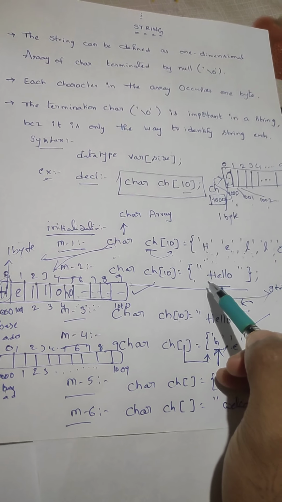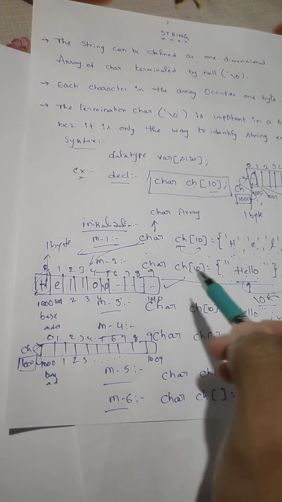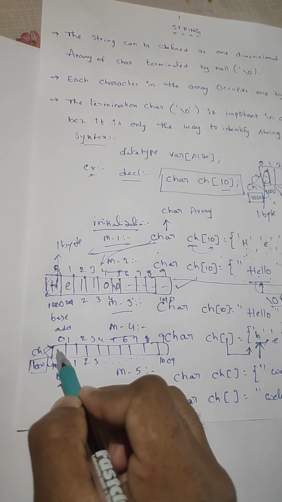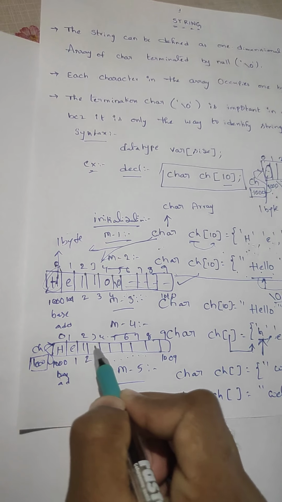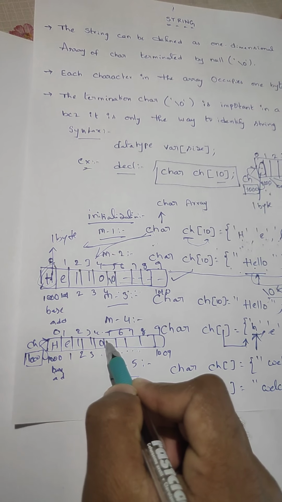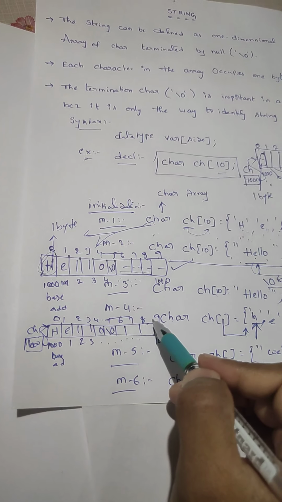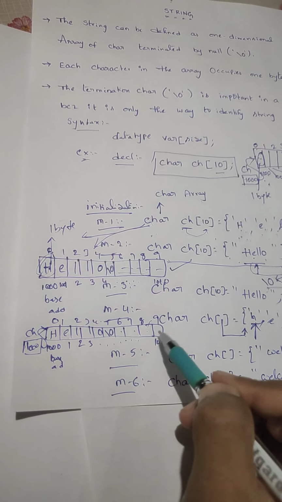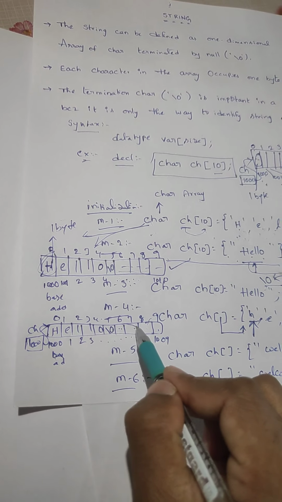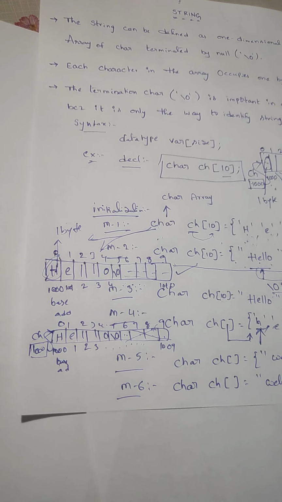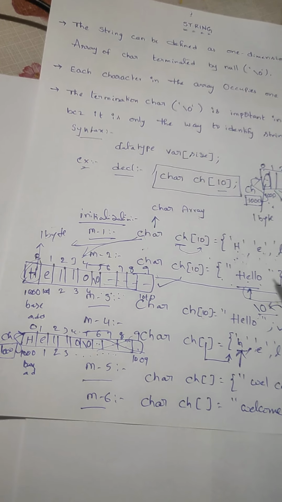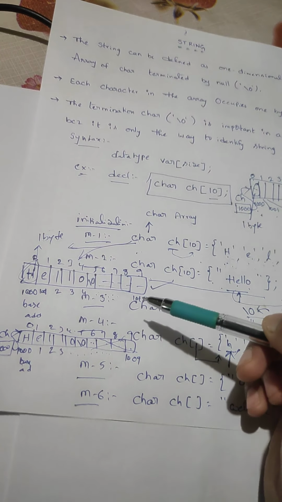Next we store hello, and the entire hello is stored in this memory location. At the end, the compiler automatically adds the \0, and the remaining blocks are filled with null values. In this way, the memory is created.